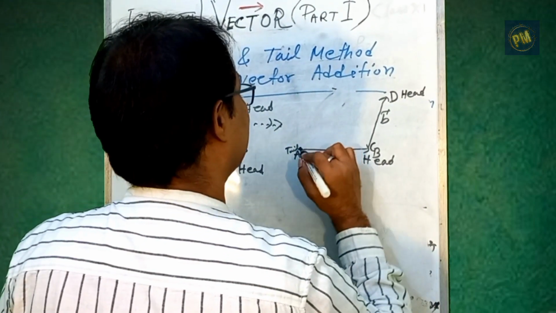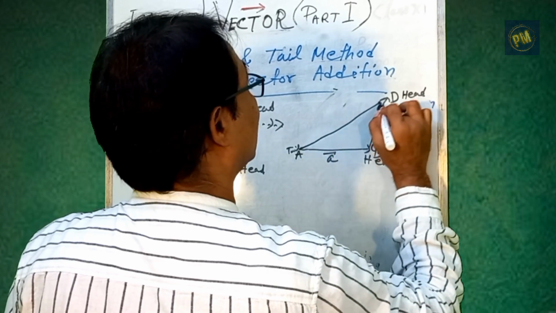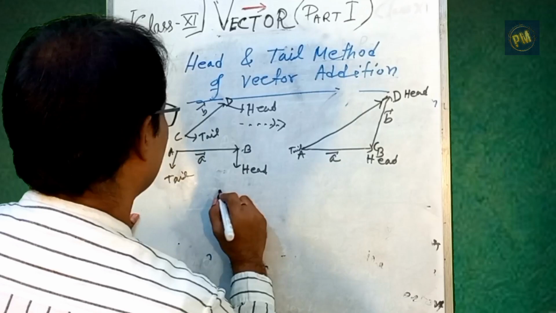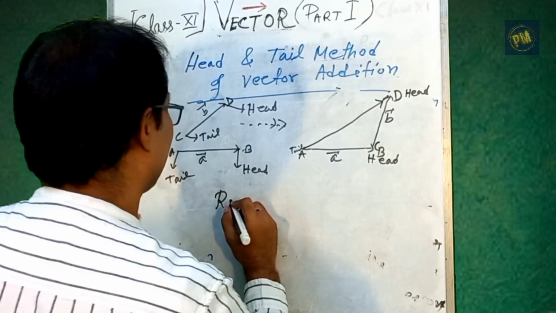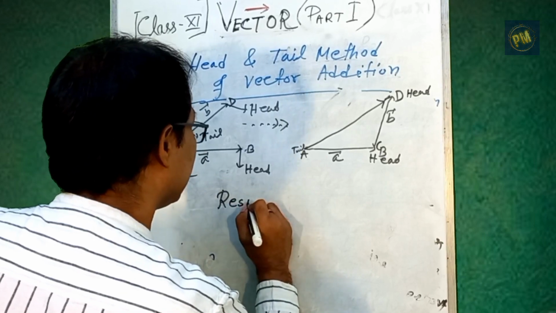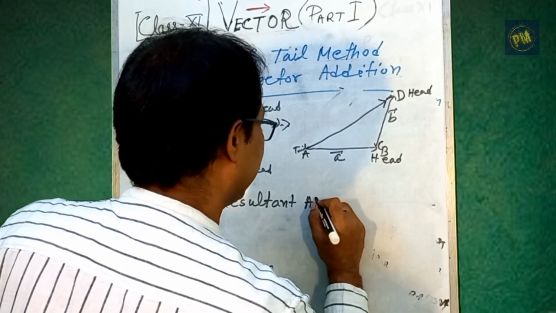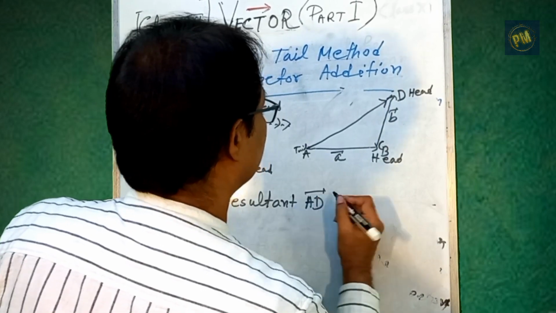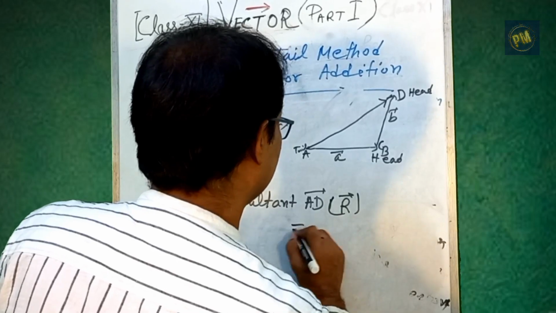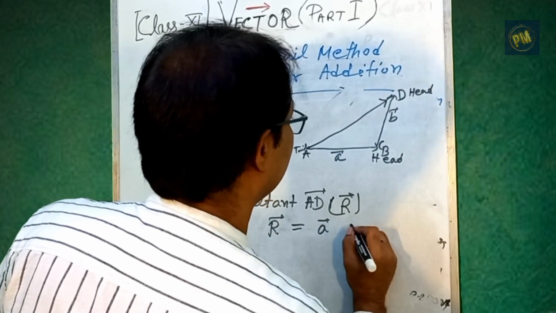The resultant is the joining line of the tail of the first vector and the head of the second vector. The result of the addition of two vectors is known as the resultant. Resultant AD, that is known as R is equal to A plus B.